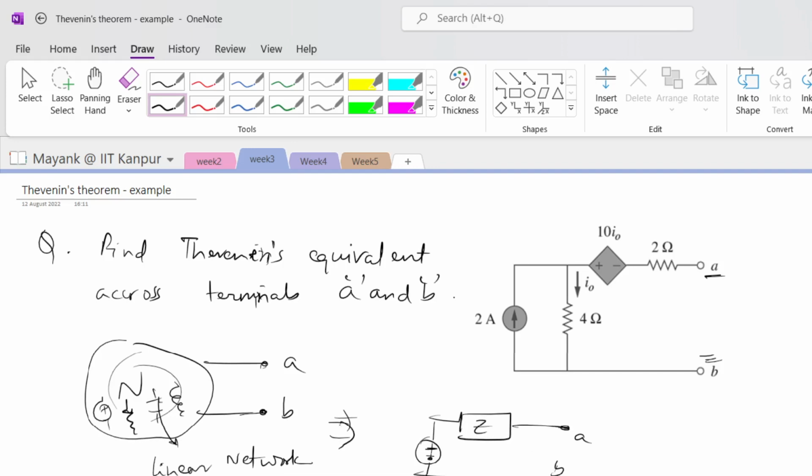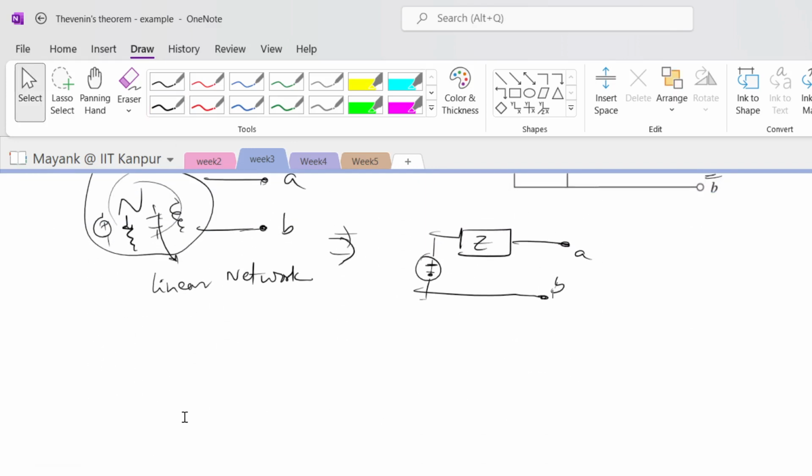Fine. Since we are only concerned about DC networks, in the DC case you have no capacitors and inductors, right? So these are gone.